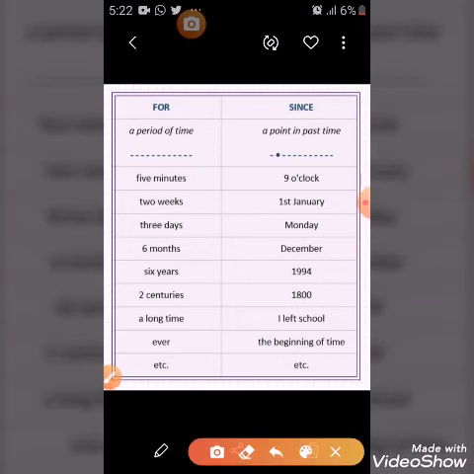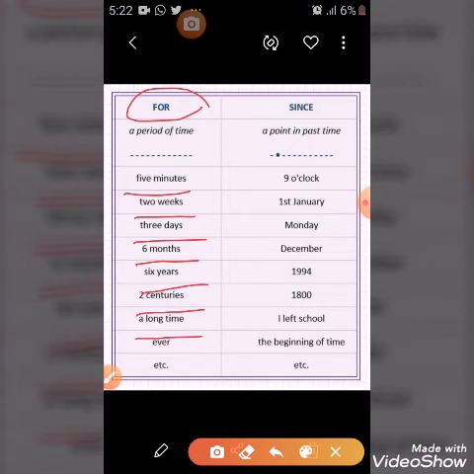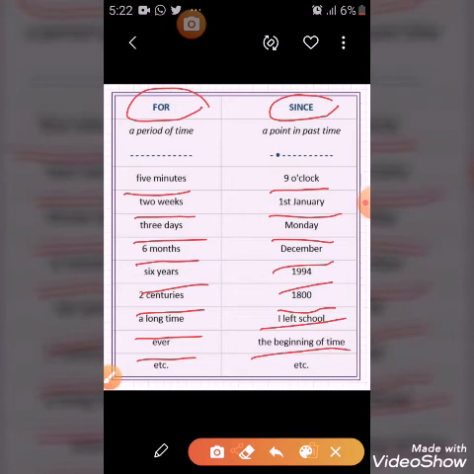Let me tell you that we use for to indicate a period of time, for example 5 minutes, 2 weeks, 3 days, 6 months, 6 years, 2 centuries, a long time, ever, etc. On the other hand, since indicates a point in past time, for example 9 o'clock, 1st January, Monday, December 1994, 1800, I left school, and the beginning of time, etc.